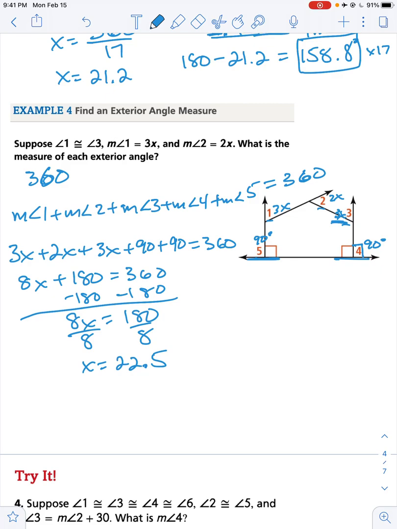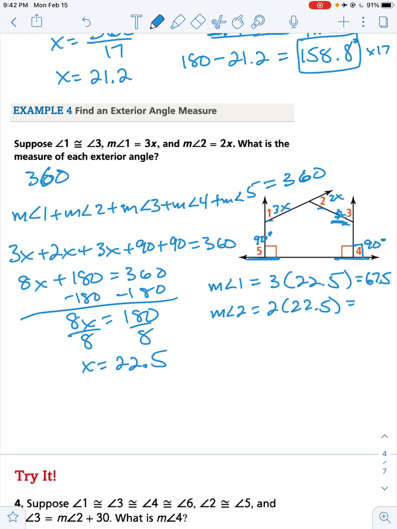which means that the measure of angle 1 and angle 3, right, is going to be 3 times 22.5, which is 67.5. The measure of angle 2 is 2x, so it's 2 times 22.5.